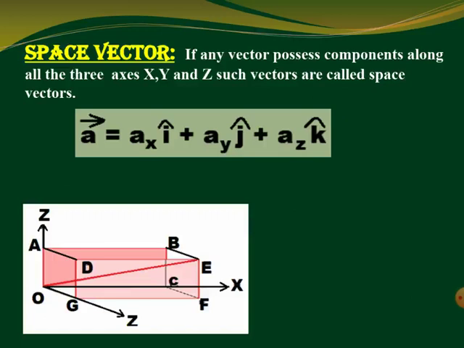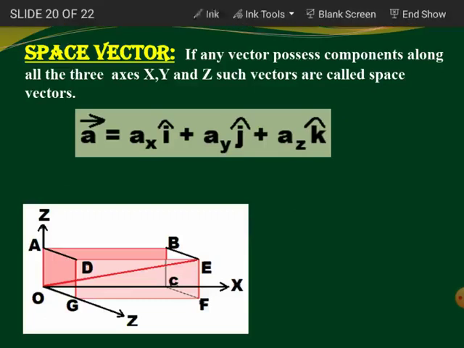So here this is about the space vector. In the case of space vector, you can call these three-dimensional vectors. If any vector possesses components along the three axes, x-axis, y-axis, z-axis, such vectors are called space vectors. Now just to know it in detail, let me tell you what is this i cap.